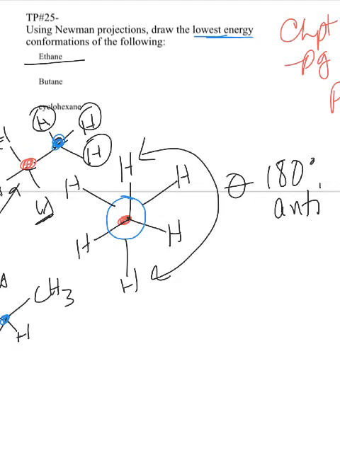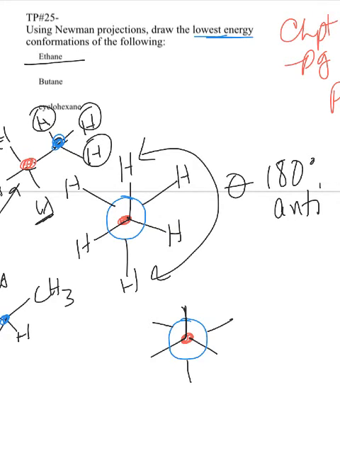Your eye looks here. We'll draw the front, and you still draw the same little Y thing, and then in the back you draw the circle. And then you draw this, because this is your most stable conformation.